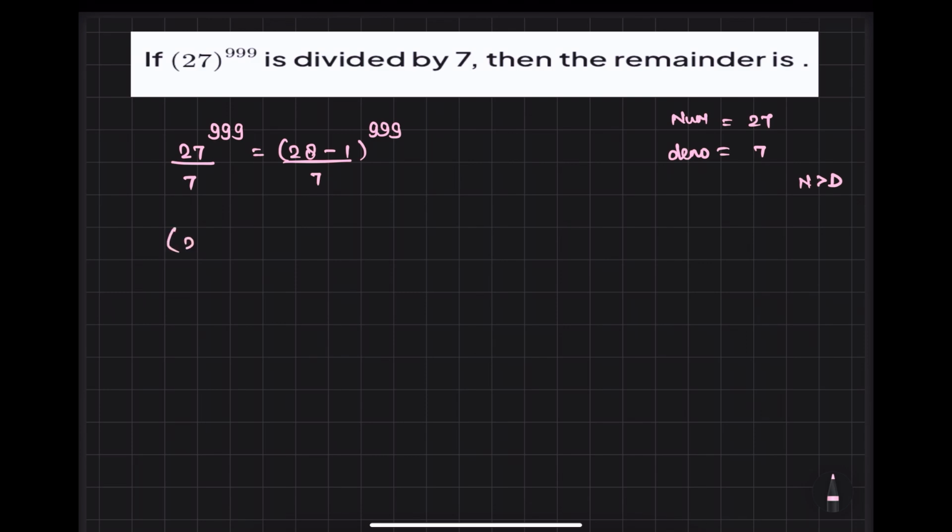Let's expand 28 minus 1 power triple nine. Okay, let's open this bracket. You know that it's a binomial expansion, so we can apply that concept.